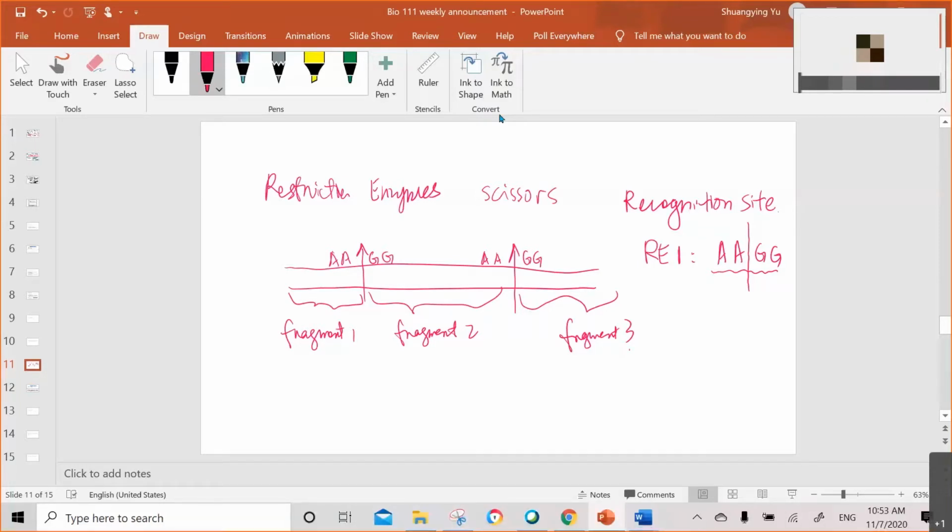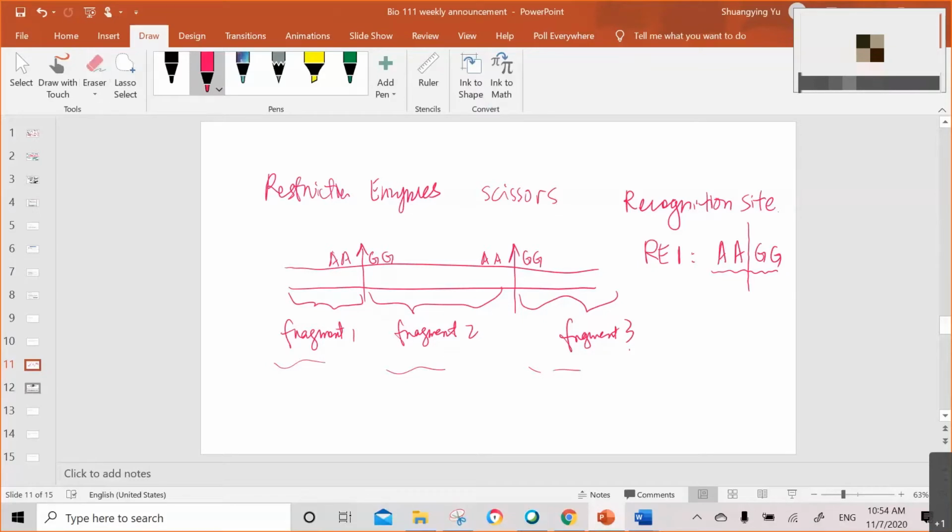We can identify, let's say we collected some DNA sample from a crime scene, and then we can compare that DNA sample with DNA samples from different suspects, and we can see which suspect's DNA matches the DNA fragment from the crime scene sample. So we have a lot of applications once we can break DNA into different fragments using the restriction enzymes. Okay, so that's one real world application using restriction enzymes.